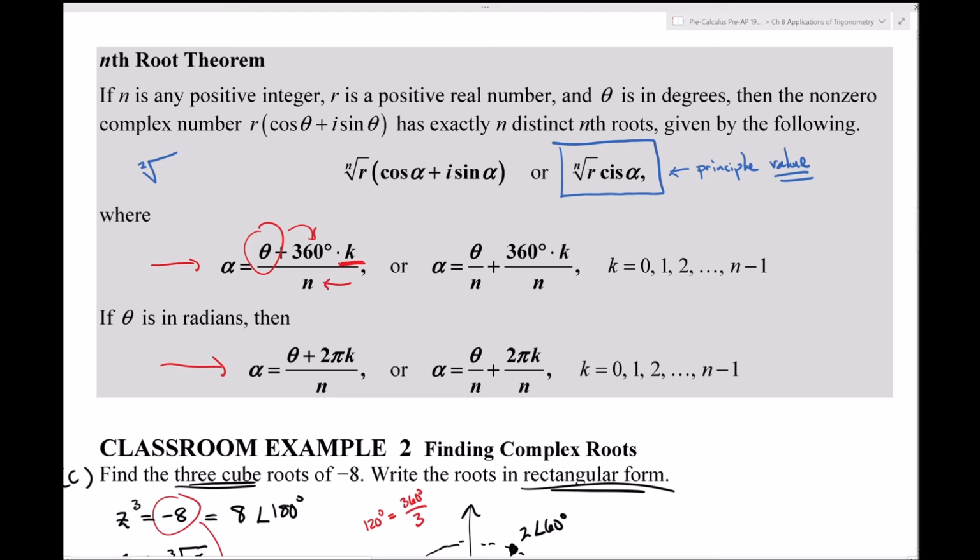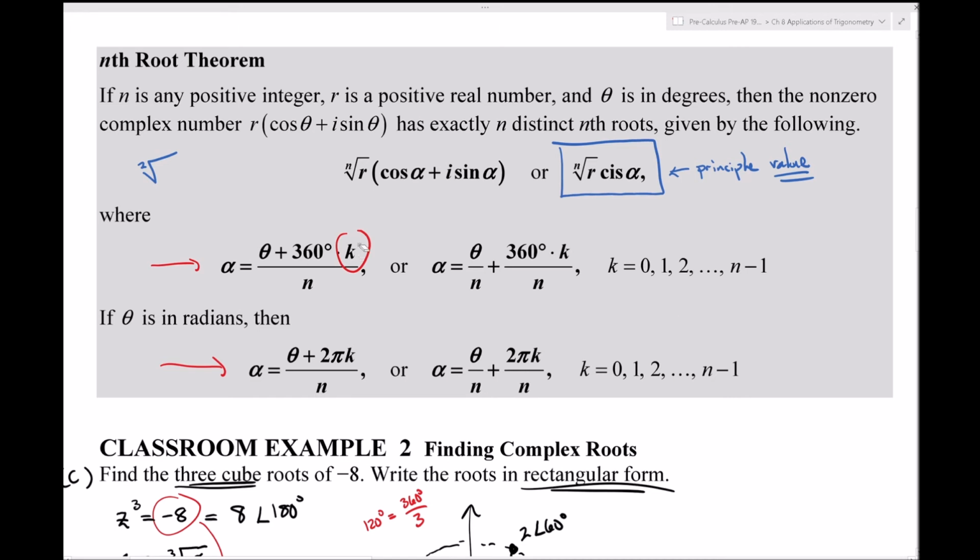And the counter k is going to go from 0 all the way to n minus 1. So if n was 5, this stops at 4. If n was 7, that's going to stop at 6 and keeps on going. In this case, n was 3, so that's going to stop at 2. So you go 0, 1, and then 2. And there's going to be 3 total roots.